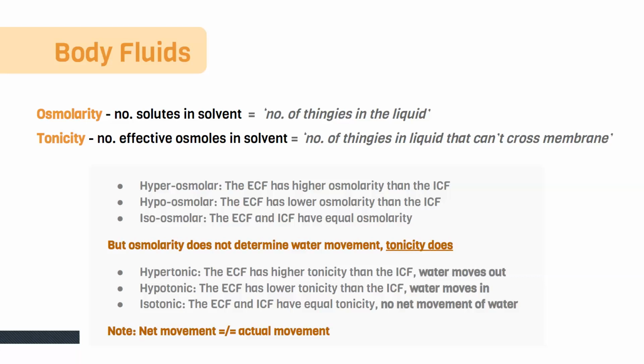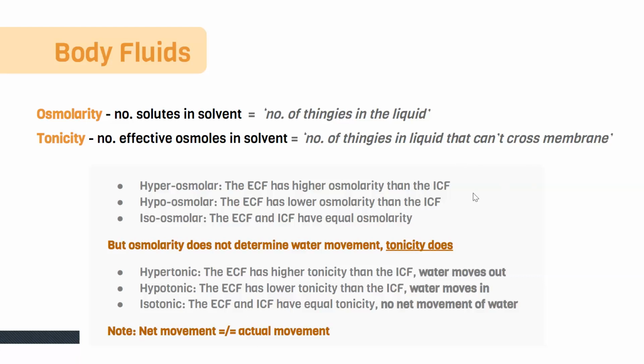refers specifically to the things that can't cross the membrane. So osmolarity refers to the number of things in the liquid. It doesn't matter whether it's permeable or impermeable, it doesn't matter at all. Just the total number. Whereas tonicity refers only to the ones that cannot cross the membrane. Okay?